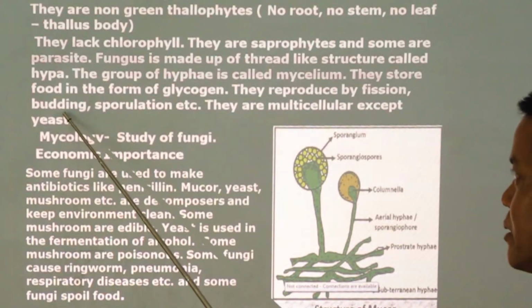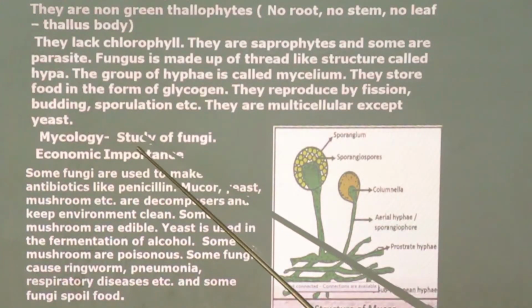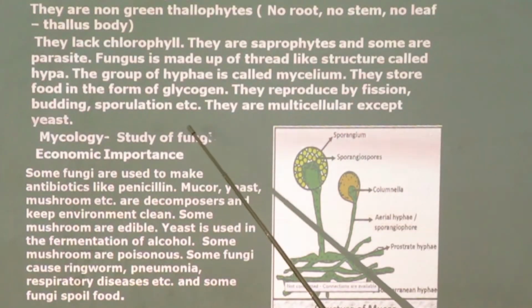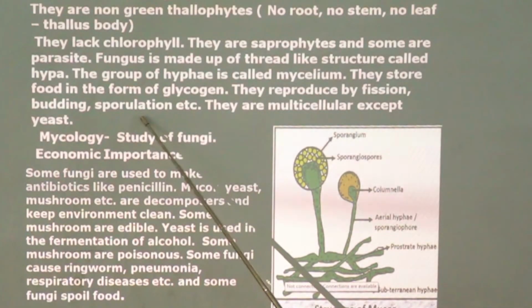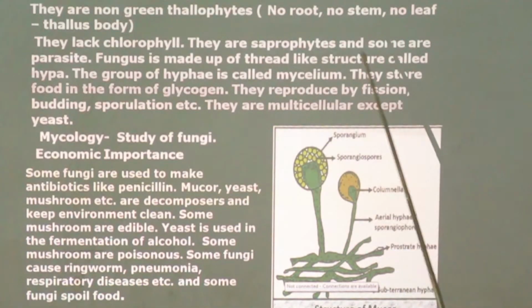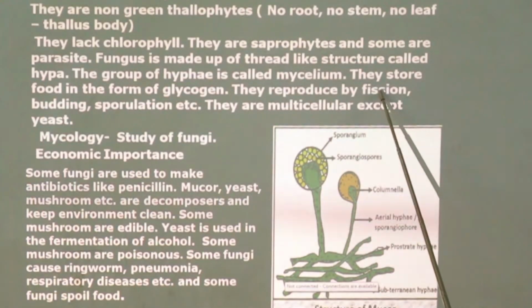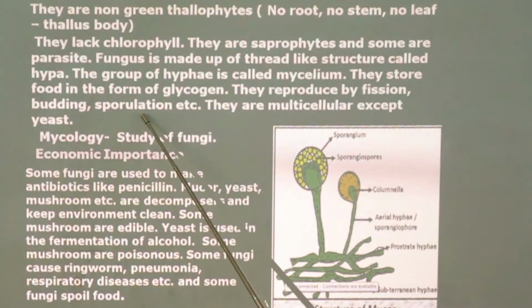A young bud-like structure grows from the parental body, that is called budding, and a sac-like sporangium grows on the top of the hypha, and spores are developed, that is called sporulation. So fungi can reproduce by these three methods: fission, budding, and sporulation.